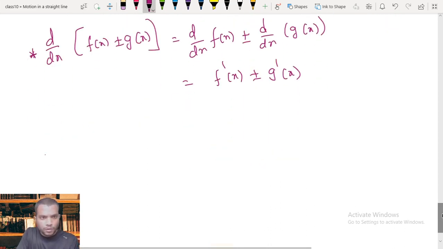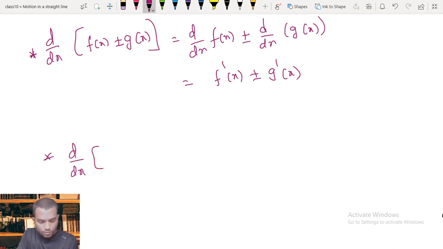Now a very important formula, the product rule: d by dx of u times v. Here u and v are two different functions.